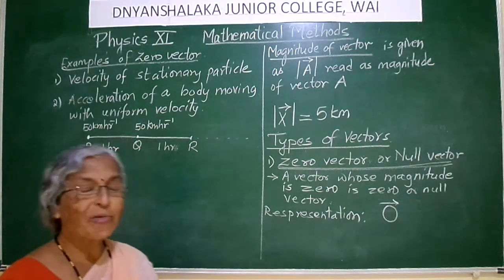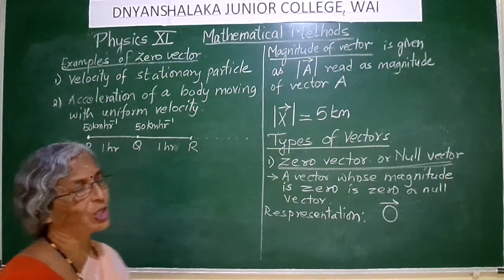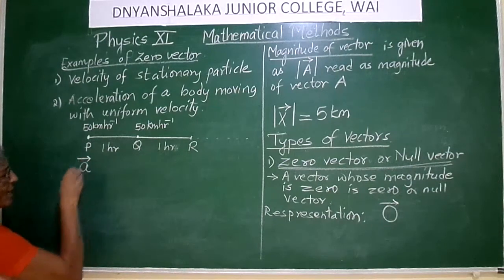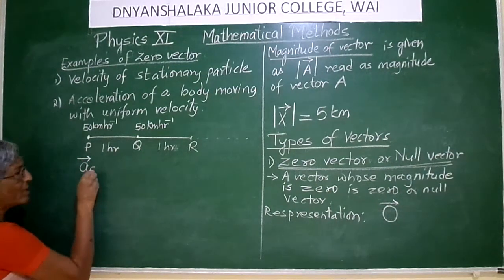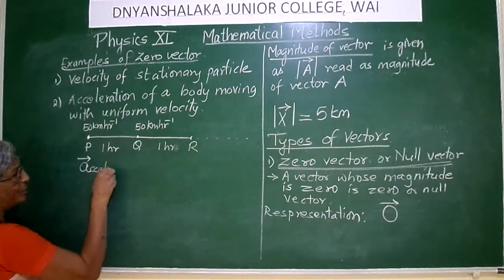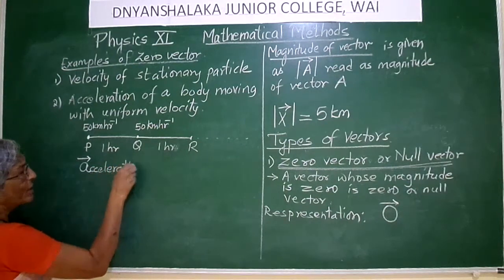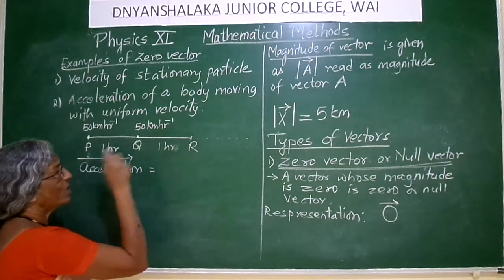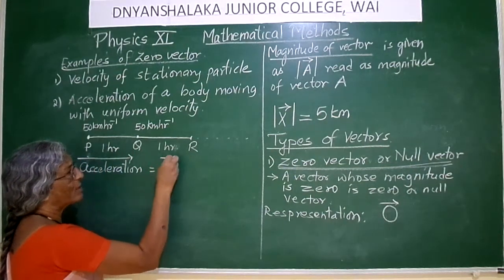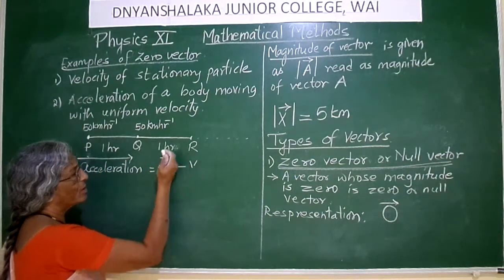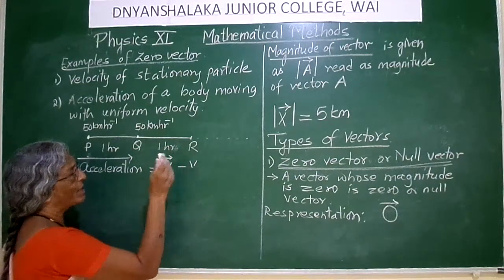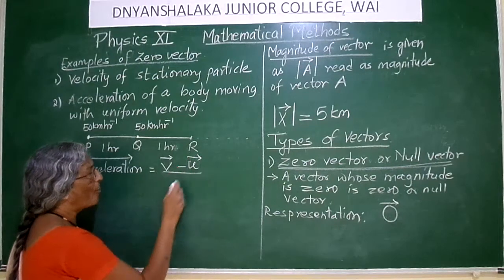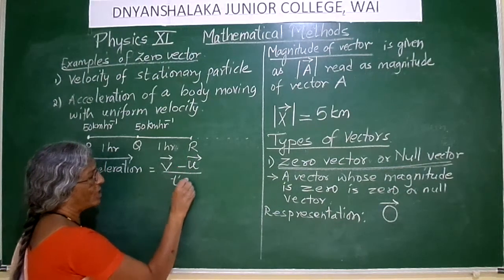Now if I want to calculate the acceleration, acceleration is what? Vector A is acceleration. Okay, this is acceleration vector. How do I give this acceleration vector? It is final velocity vector V minus initial velocity vector U upon the time taken for this change.